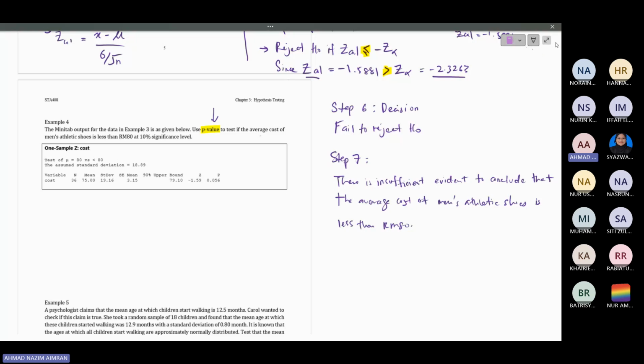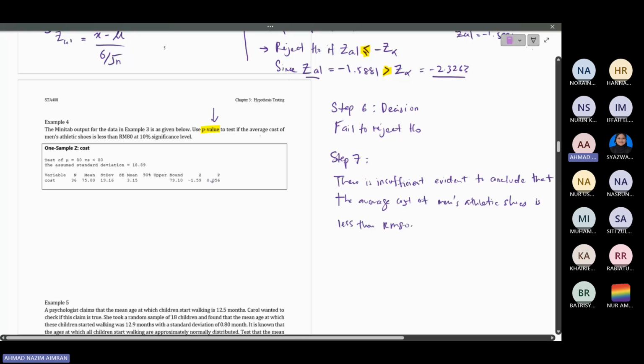All right. So it is actually the same thing. We already get the Z calculated, which is equal to negative 1.5881 earlier. But in the output, it is only reported at 2 decimal places. That is why the Z calculated in the output here is equal to negative 1.59. And this is the standard error mean. This is the assumed standard deviation.